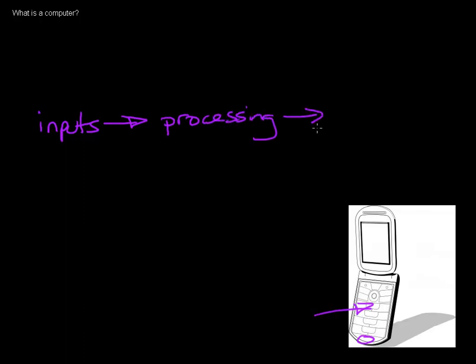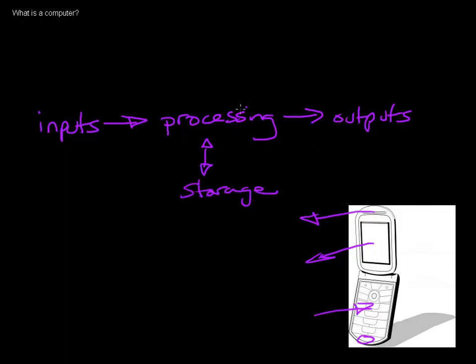The mobile phone also has outputs. We can get information out from the screen, and we can get information out from the speaker. So it's got output devices, it's giving us outputs. There's the ability to store information on the SIM card and on the internal memory and possibly on a memory card. So it has storage. And obviously, via wireless technologies, it's able to communicate, and it's got an awful lot of networking features.